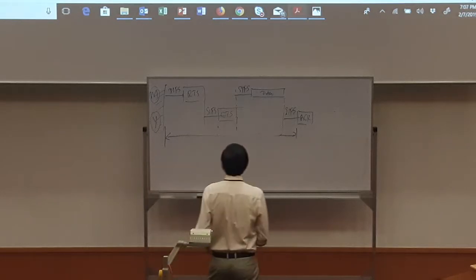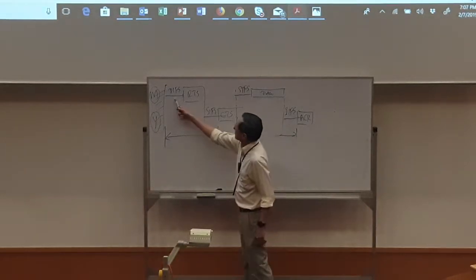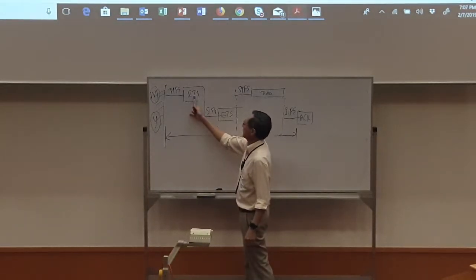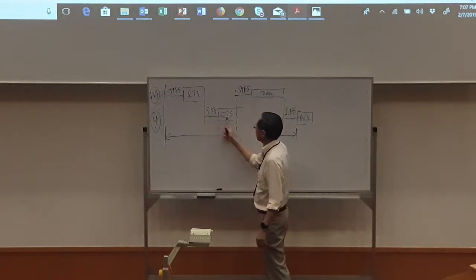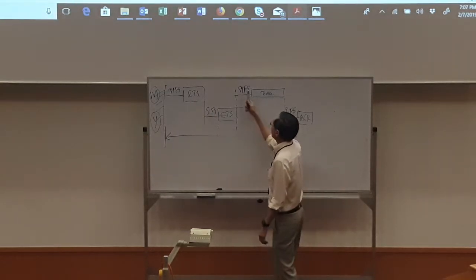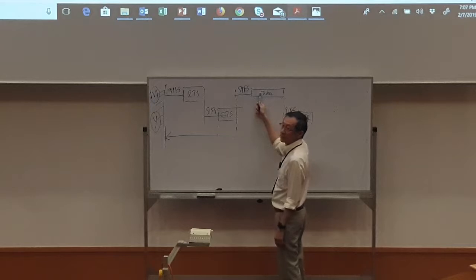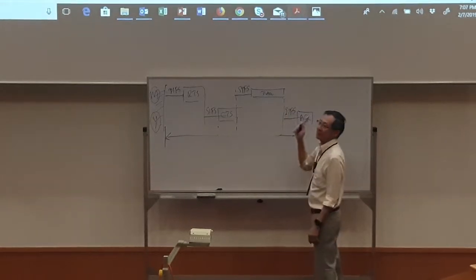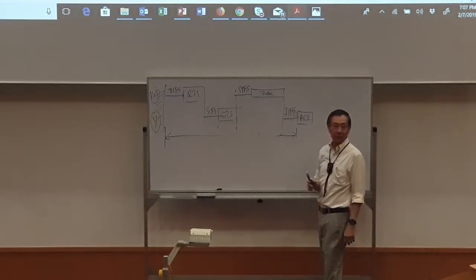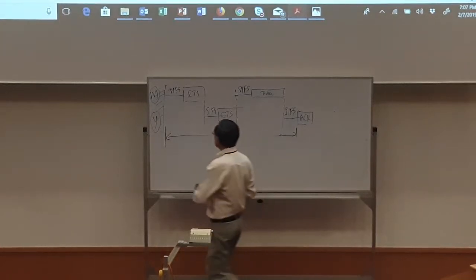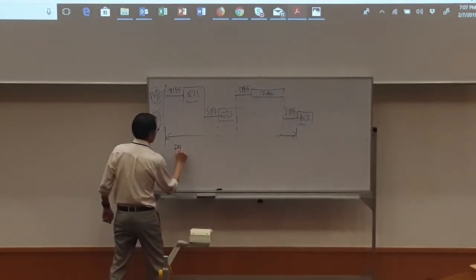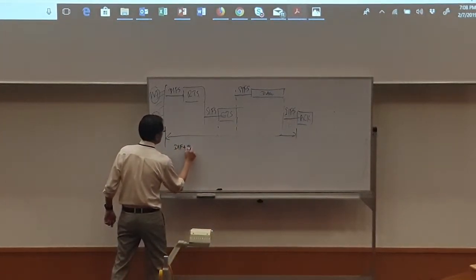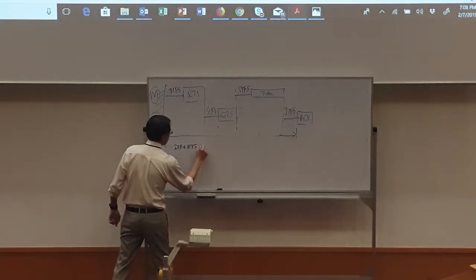So again, you add it up. DIFS plus RTS plus propagation. SIFS plus CTS plus propagation. SIFS plus data plus propagation. Then plus SIFS. Okay? Those are all your factors. So it's DIFS plus RTS plus propagation.